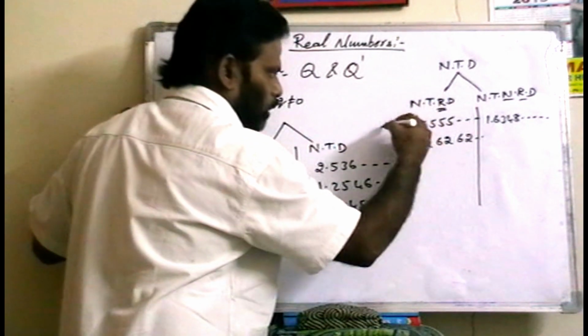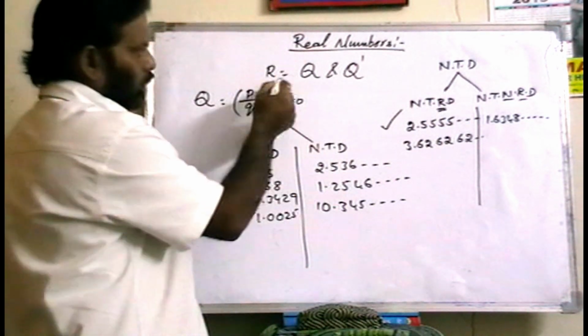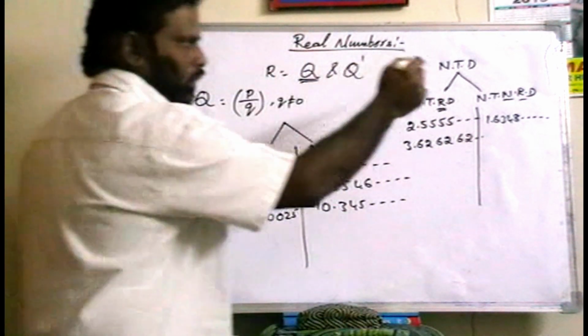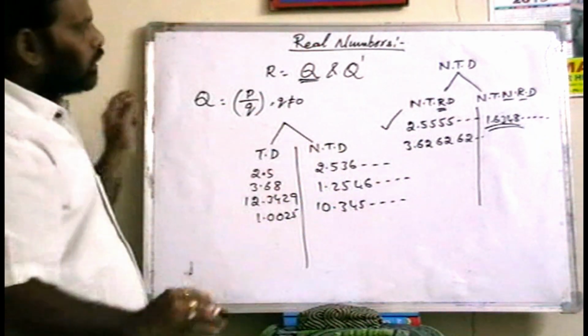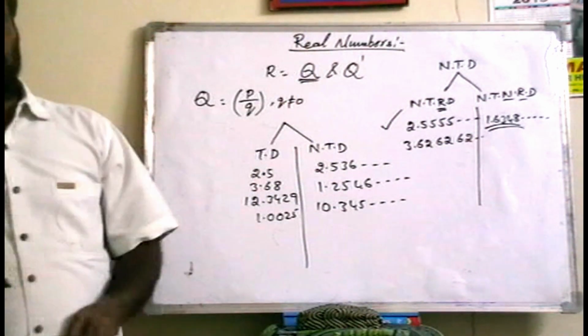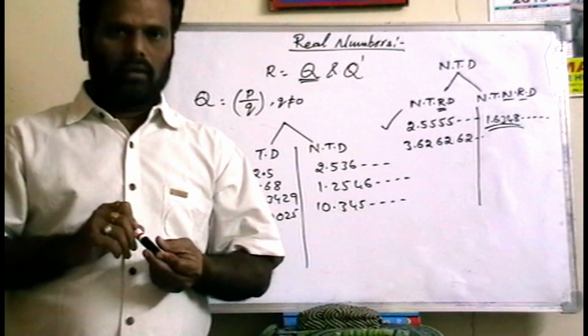Non-terminating recurring decimals are also called rational numbers, but non-terminating non-recurring decimals are not rational numbers; these are irrational numbers.